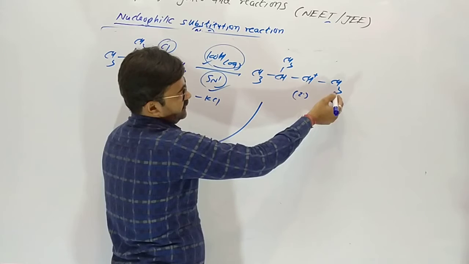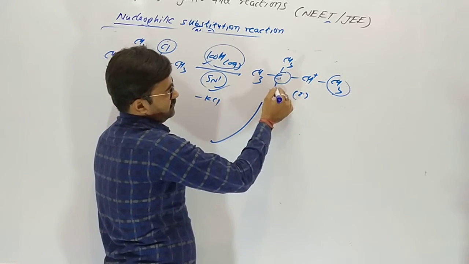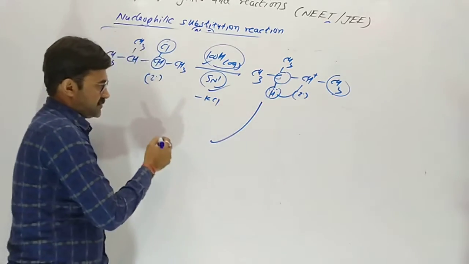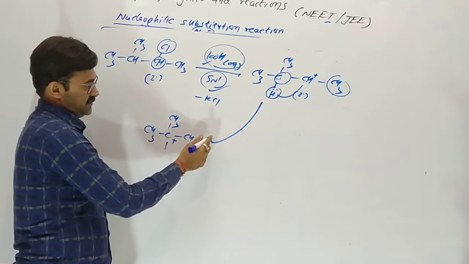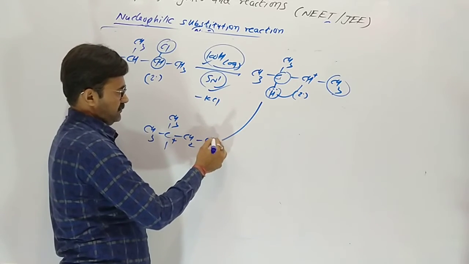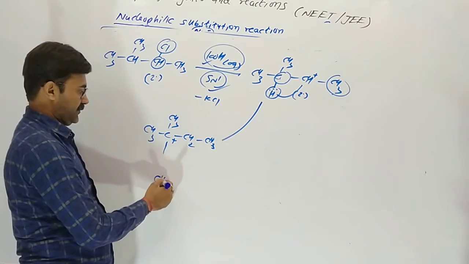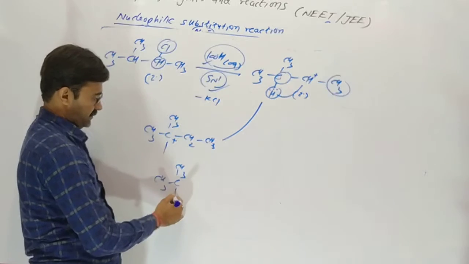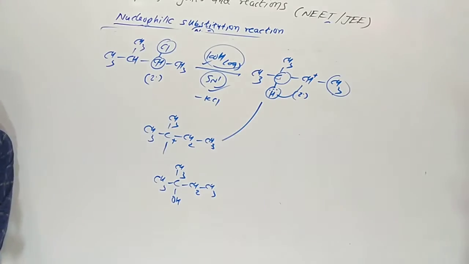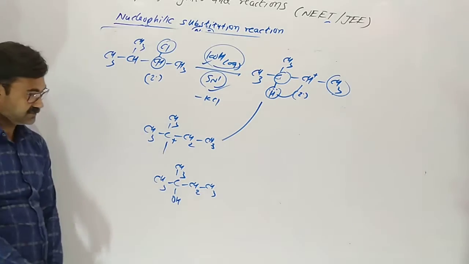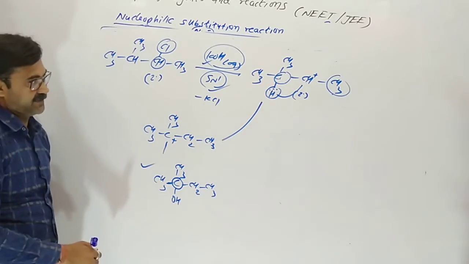Why? This neighbor carbon is primary, this one tertiary. From here a hydride transfers. So this one is now a tertiary carbocation and OH combines. You can see this is our product. This is the major product.